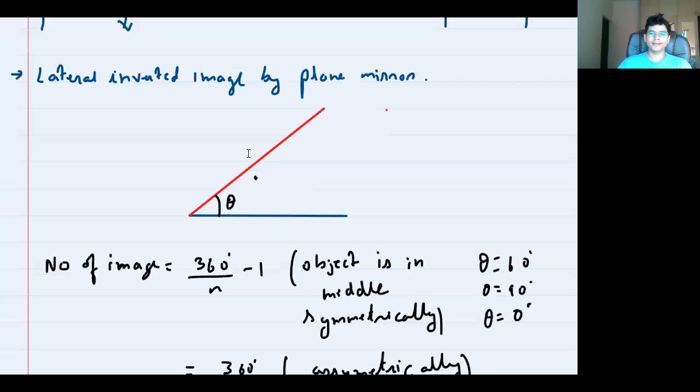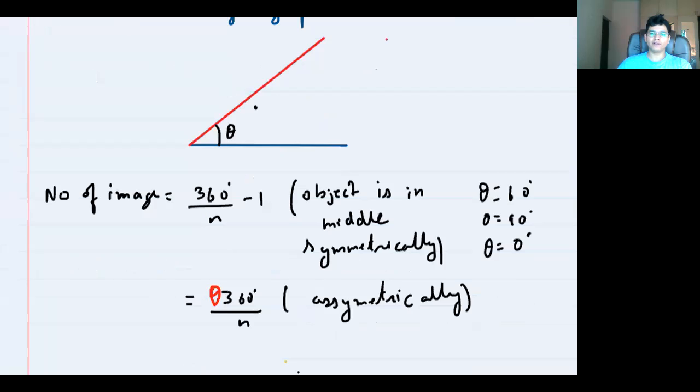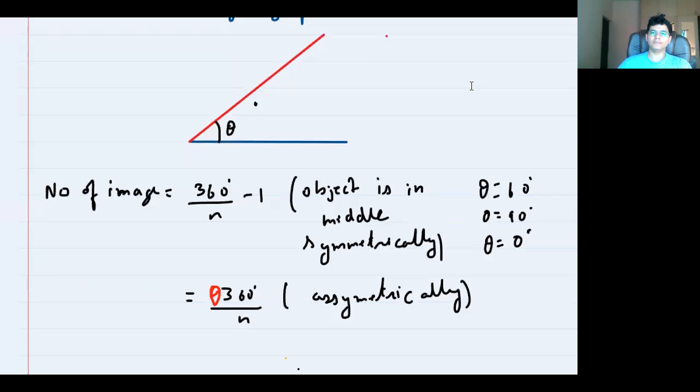If we have two mirrors, and the angle between them is theta, then the number of images formed is 360 degree by theta, minus 1. That is when the object is placed at the middle, symmetrically placed.